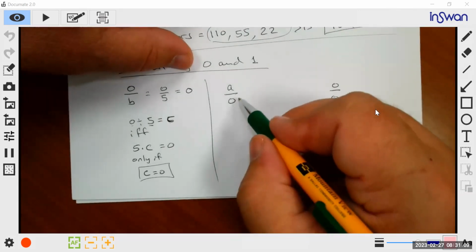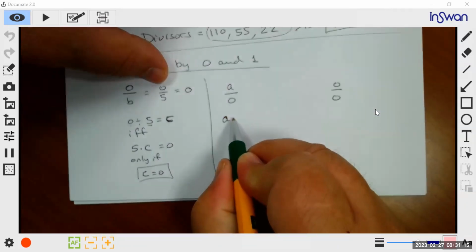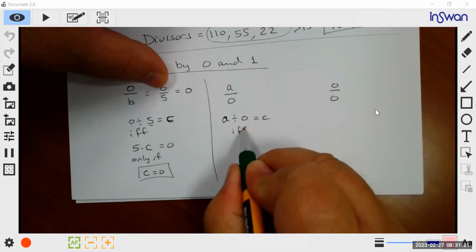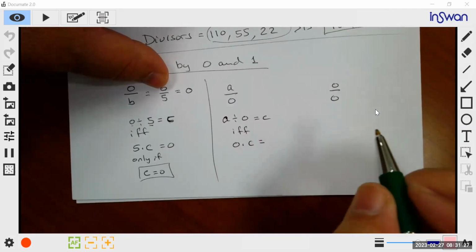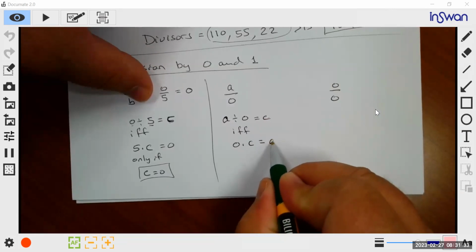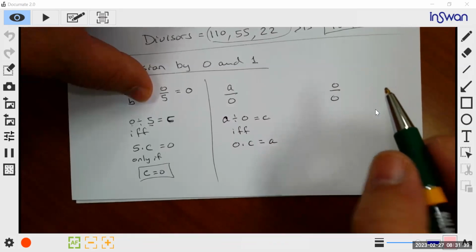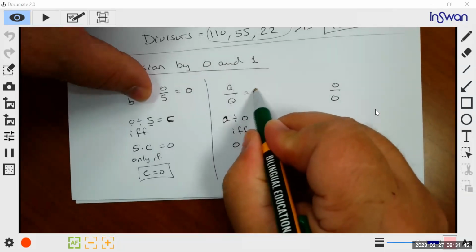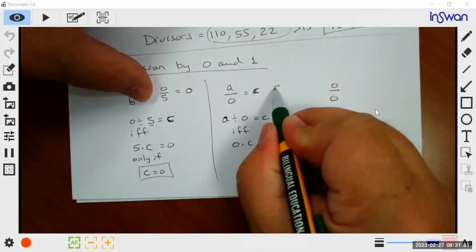All right, let's look at the next one, with 0 on the bottom. So A divided by 0 equals C if and only if 0 times C equals A. For our example, let's say we had 5 on top.